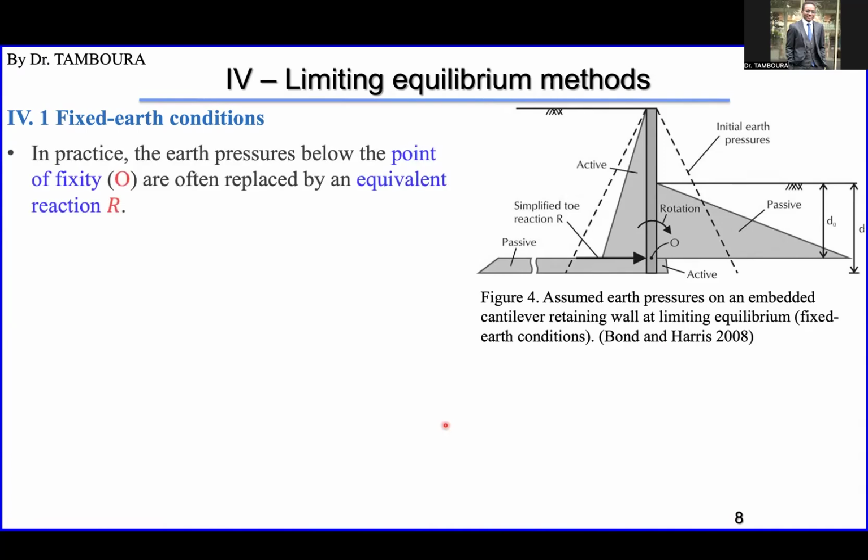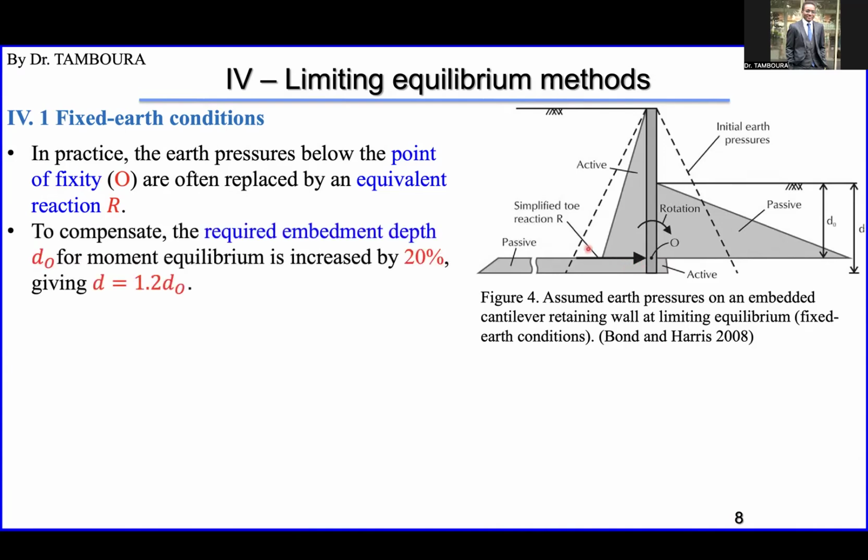Okay, so in practice, the earth pressures below this point are often replaced by an equivalent reaction. Just replace it by a reaction. You can see here it is simplified to a reaction like this, instead of using this kind of active and passive earth pressure.